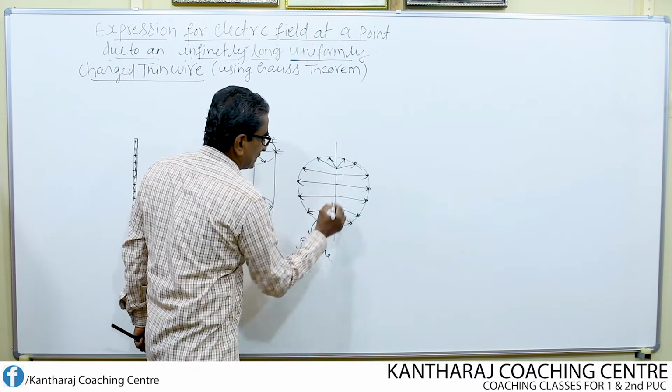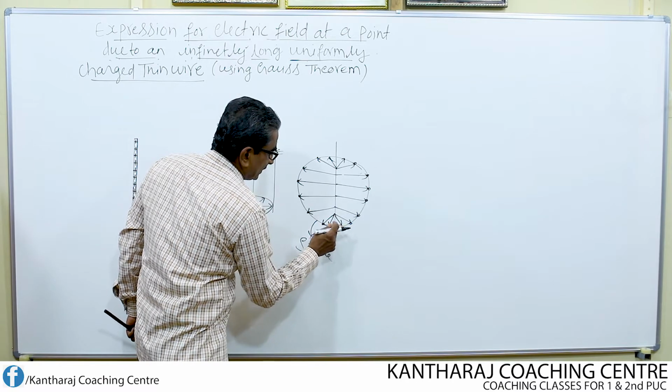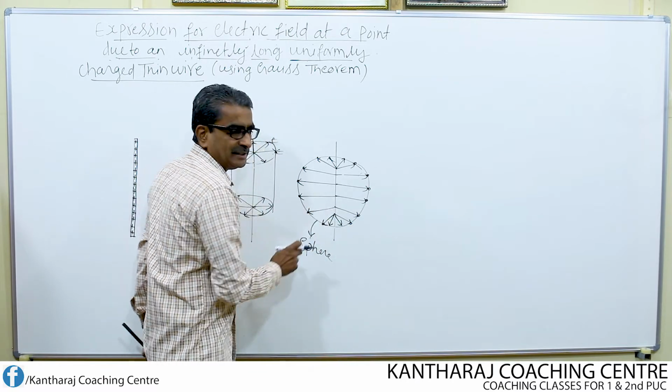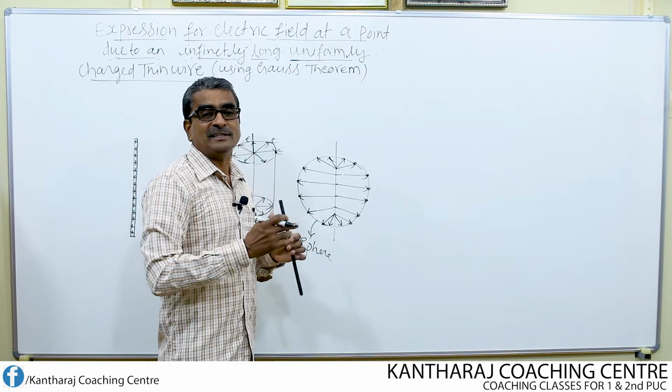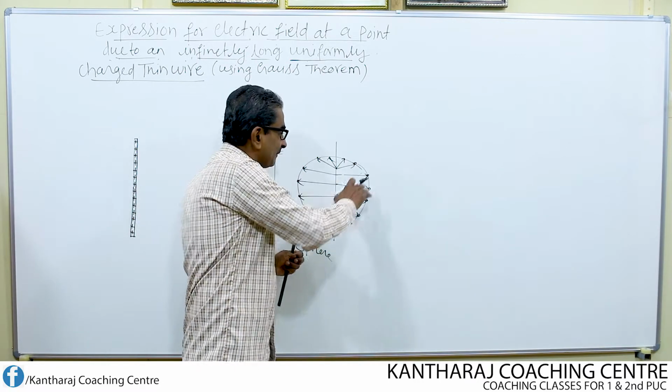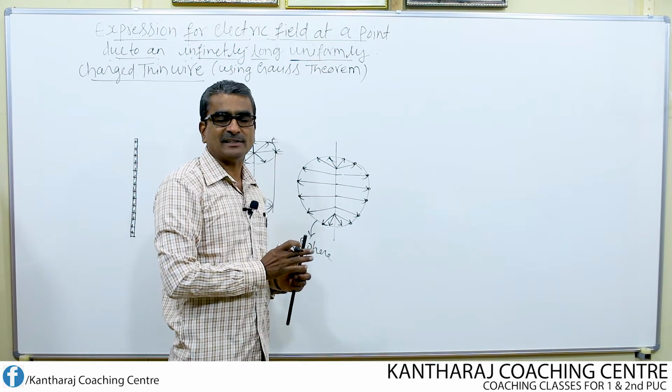Look here, from the figure itself we can make out. Here it is different, here it is different, here it is different. It varies. That is why the electric field is not the same. In such a case, we cannot consider the sphere as a Gaussian surface.